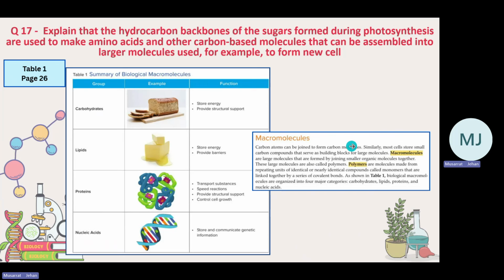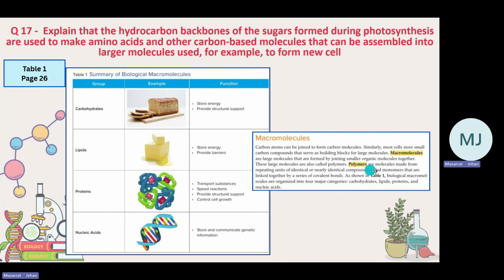So they are small molecules which are making big molecules. The large molecules are known as macromolecules. They are formed by joining of smaller organic molecules. These large molecules, we also call them polymers. Polymers is another name given to the macromolecules.